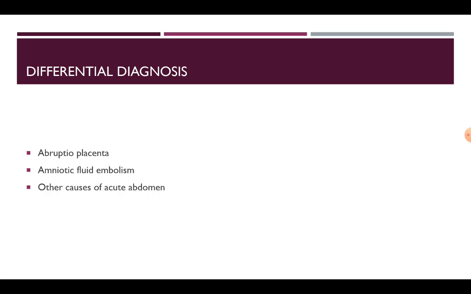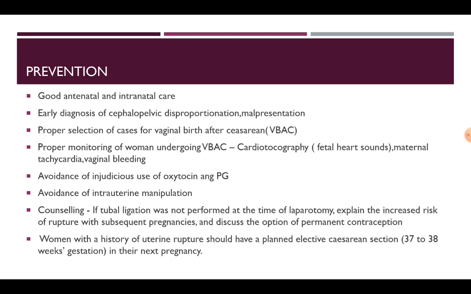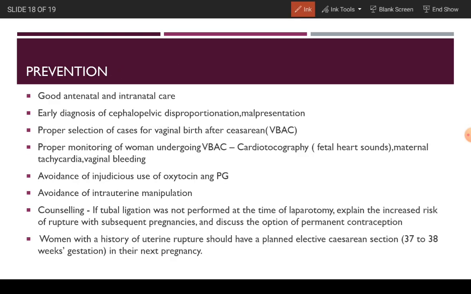You have to know the differential diagnosis, like abruptio placenta or amniotic fluid embolism. In order to prevent that, you have to give good antenatal care. You have to diagnose if it is a case of cephalopelvic disproportion or a malpresentation, and you have to select the case.